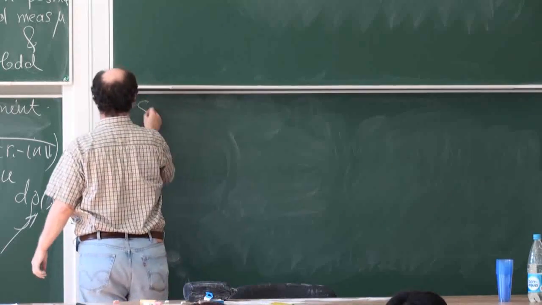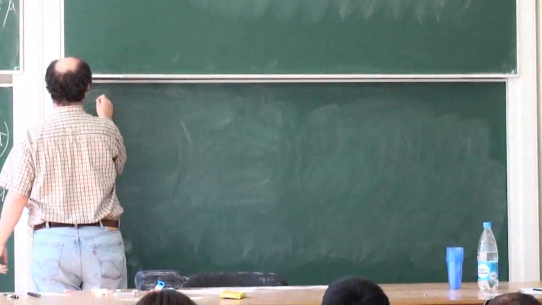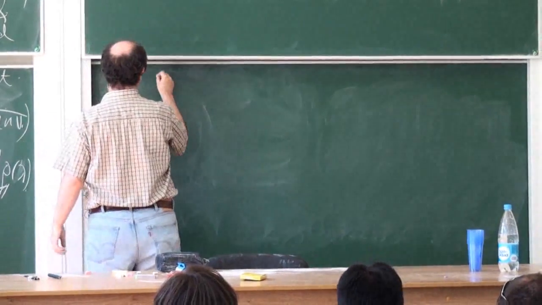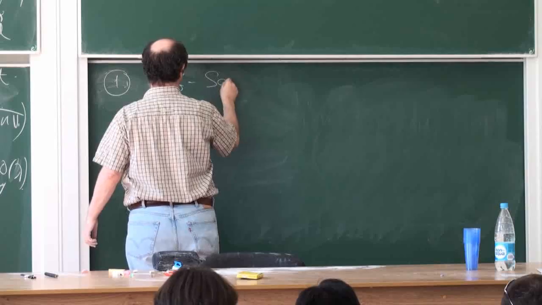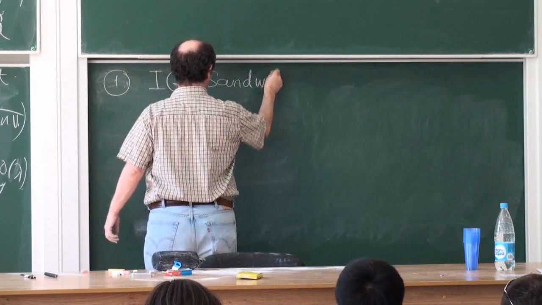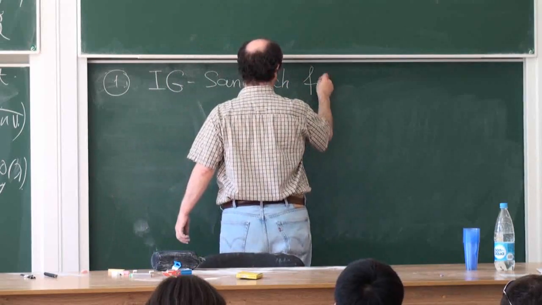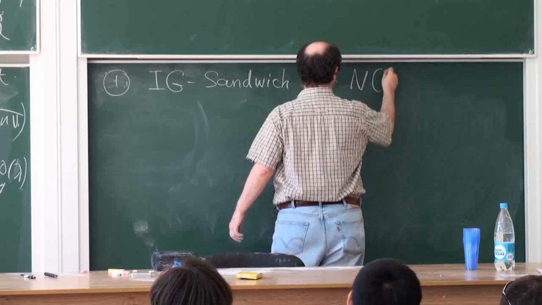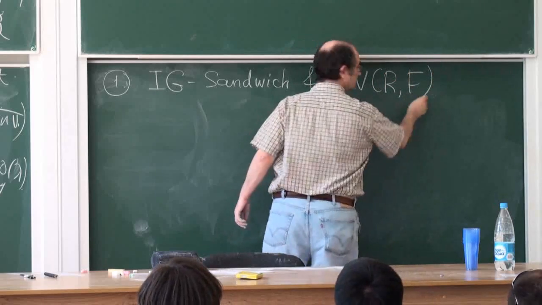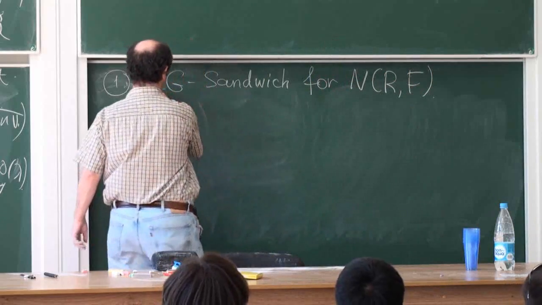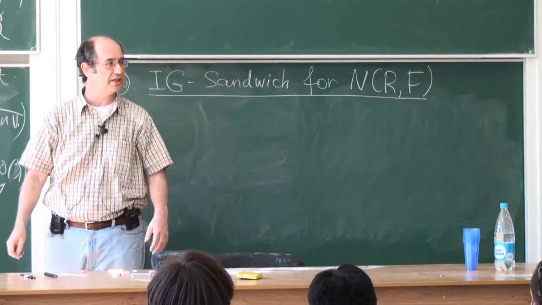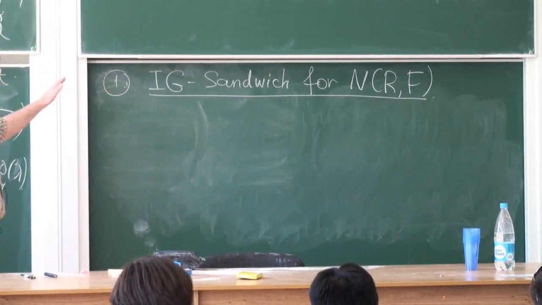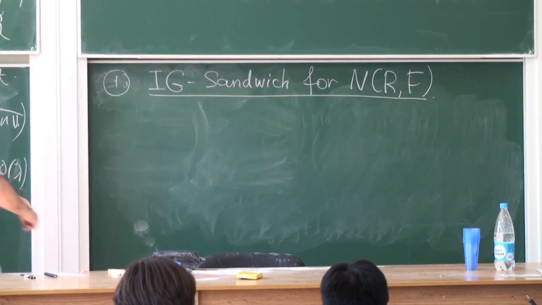Well, the first step is something I call the integral geometry sandwich, for N of Rf. Still, though I try to convince you that integral geometry doesn't work, you can get something using integral geometry.